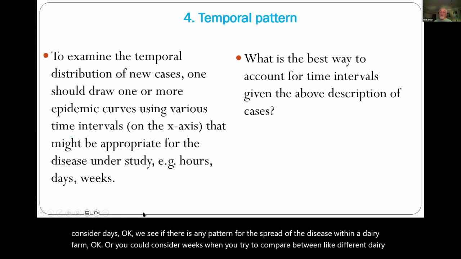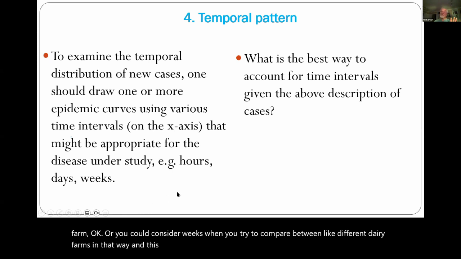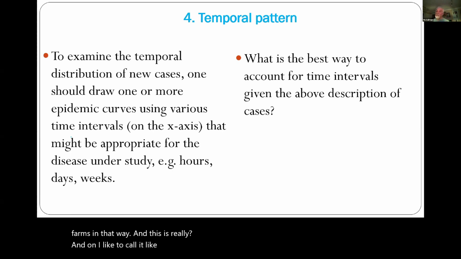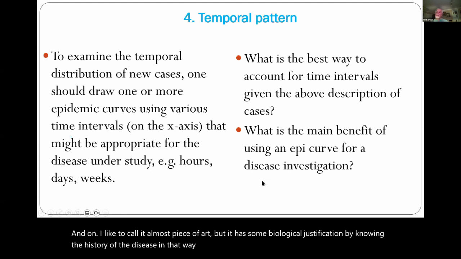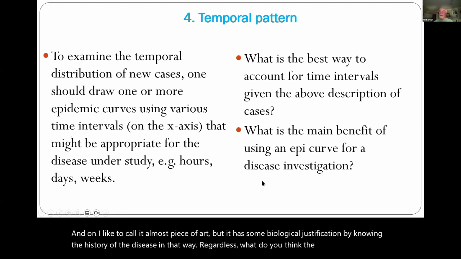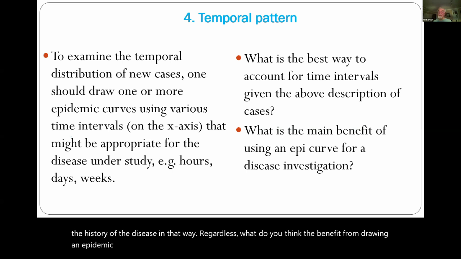And this really depends on, I like to call it almost a piece of art, but it has some biological justification from knowing the history of the disease. Regardless, what do you think is the benefit of drawing an epidemic curve for a disease investigation? What will this help us with?